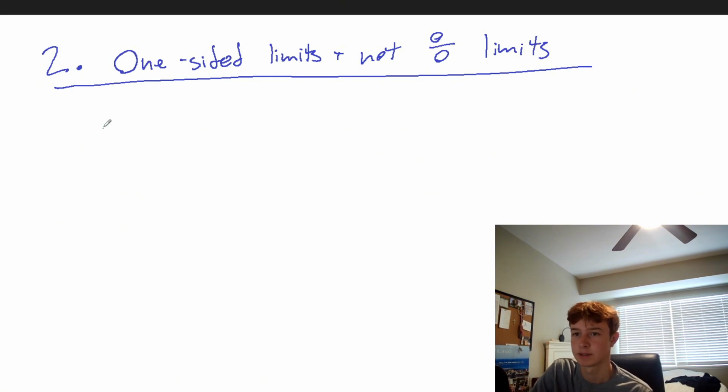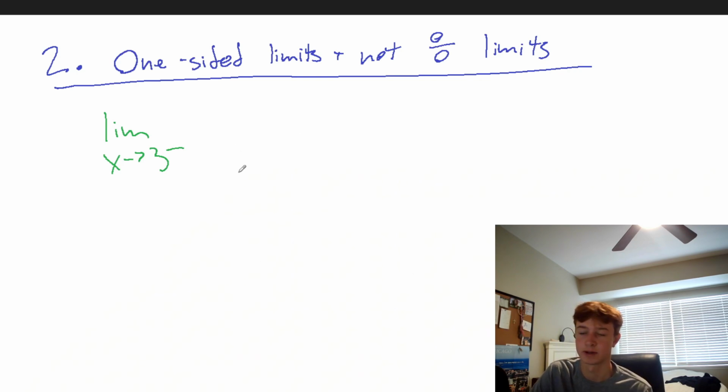If you have a limit that approaches 3 from the left, you're going to choose a number just to the left of 3, for example 2.9 or 2.999, plug that into the function, and whatever the outcome is, that is your answer.